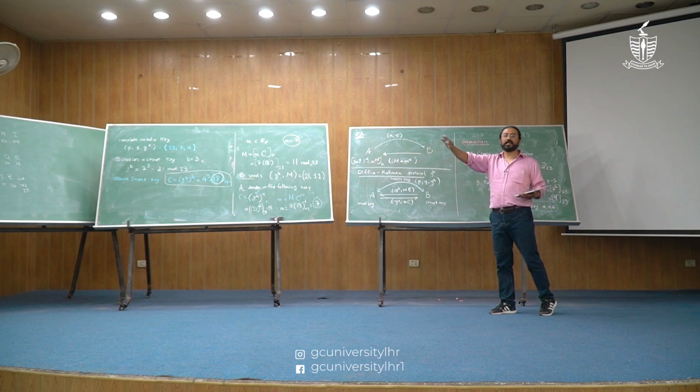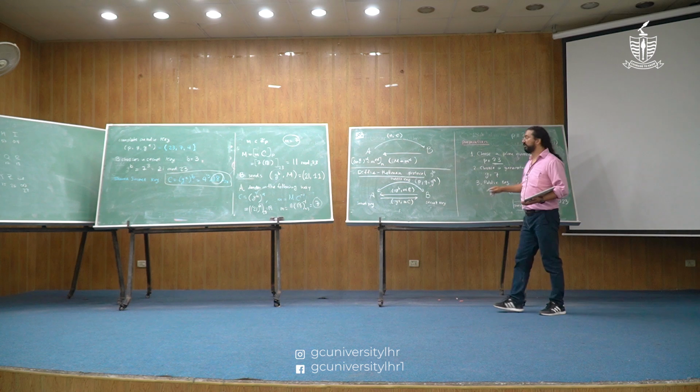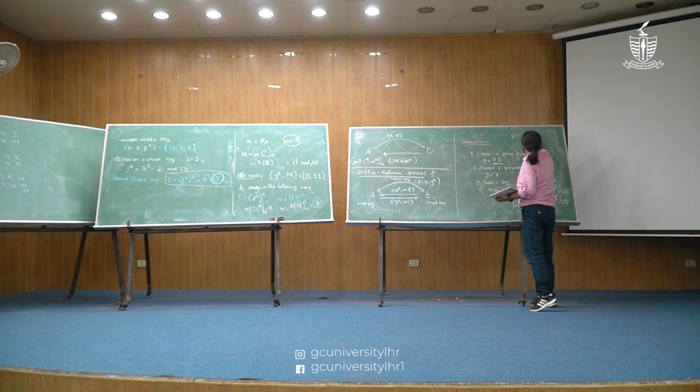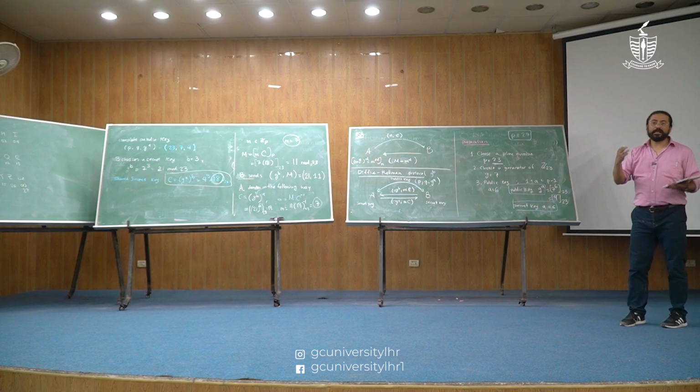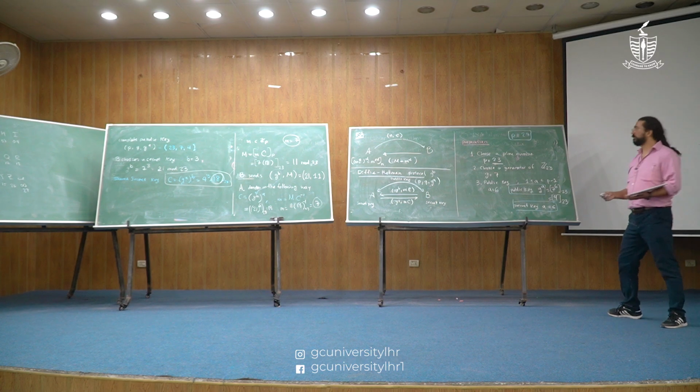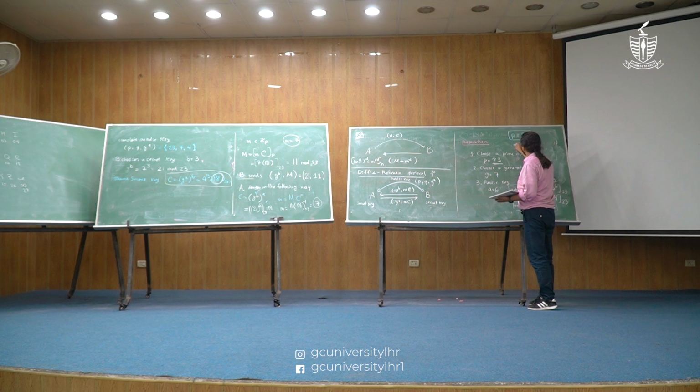So we can take any letter of the alphabet. Okay? P equals 27. And A and B, you choose them.